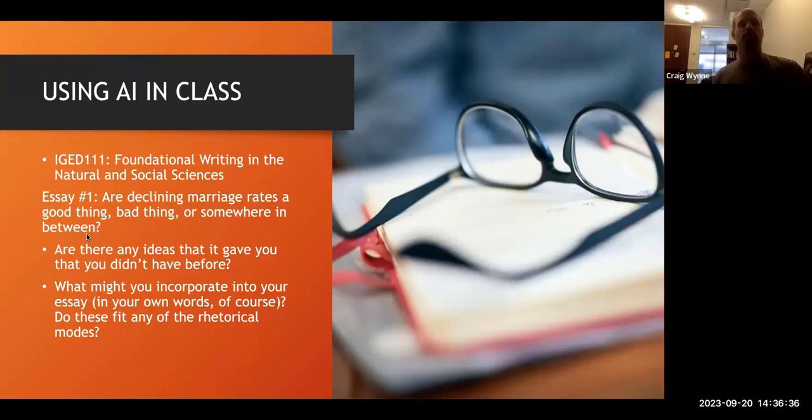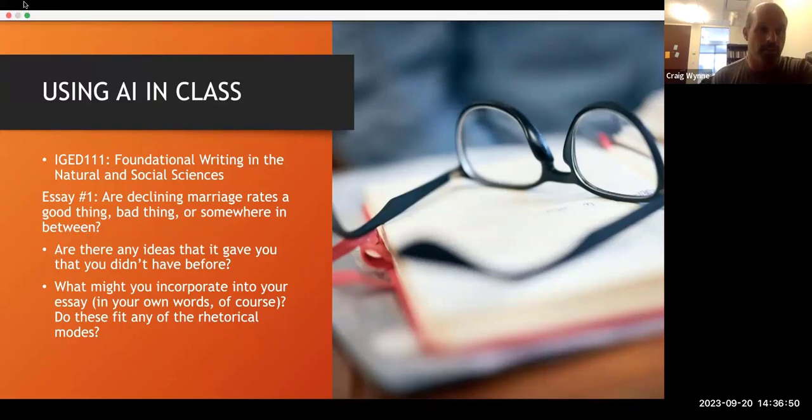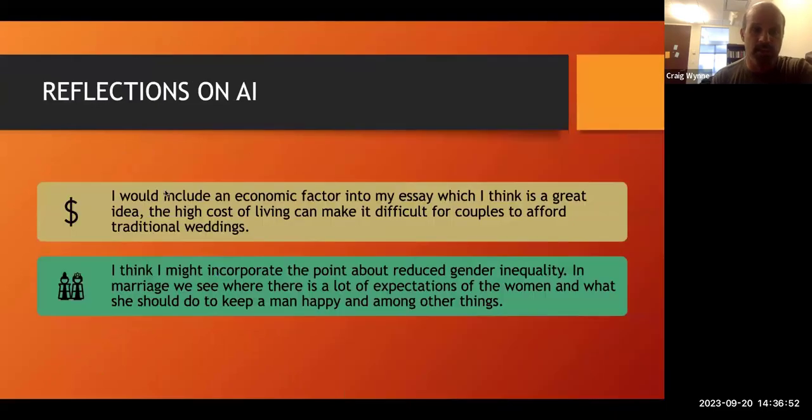They had also learned about rhetorical modes, strategies like cause and effect, compare and contrast, and narrative. Do they fit any of the rhetorical modes? These were just a couple of different reflections that came from students. They talked about economic factors, weddings, things like that.